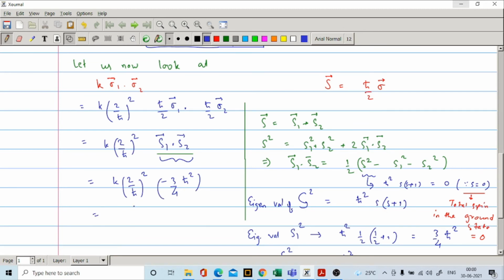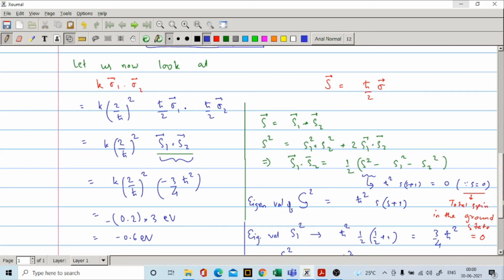So h bar squared cancels h bar squared, and k, we know, is 0.2 electron volt as given in the question. This 2 squared is 4, and that will cancel here. So it will be minus 2 times k electron volt, and that is nothing but minus 0.6 electron volt.